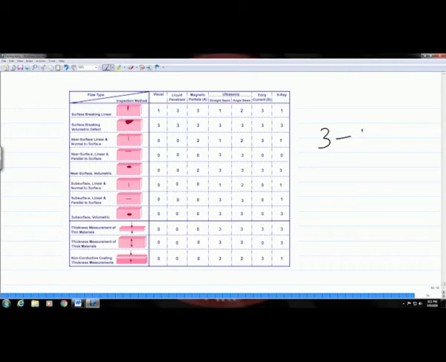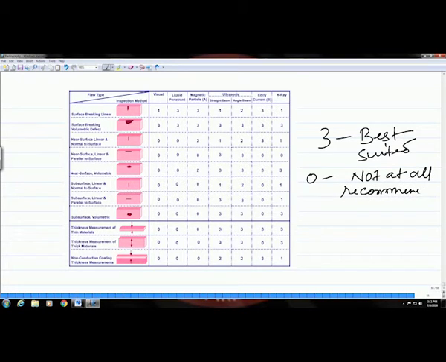So, 3 means best suited and 0 means not at all recommended. And then you have something in between like 1 and 2 also. 1 means it is not so good, and 2 means it is kind of okay to use.